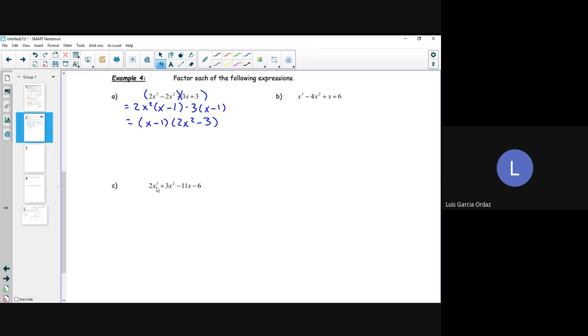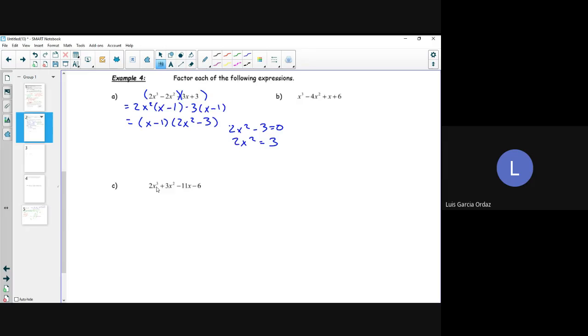Can we somehow factor this if we move something over? What can we move over? 3. 2x squared is equal to 3.